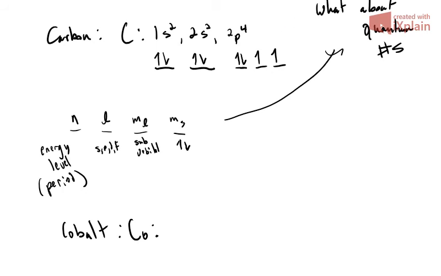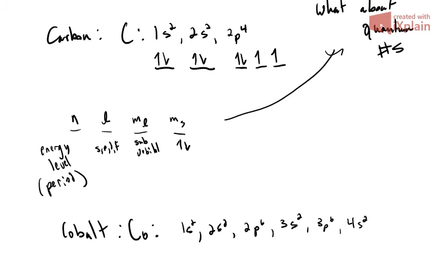It's 1s2, 2s2, then a 2p6, then a 3s2, 3p6, and now we're getting to some shady area. The next one would be 4s2.